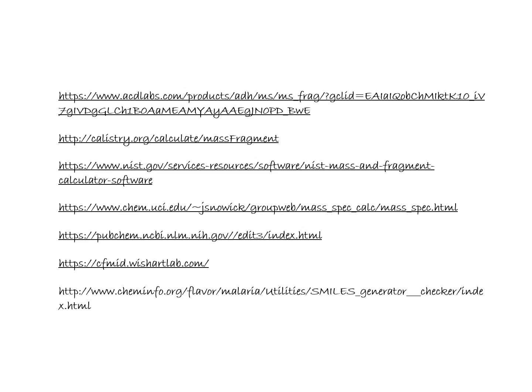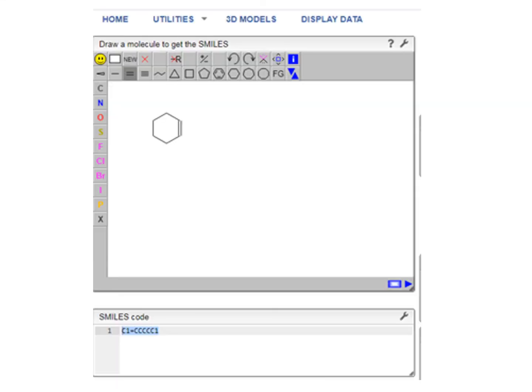This site contains several software programs. It's free on the net. You may try. We will try together and see. Here is software where I can just draw the chemical structure and it will convert the chemical structure to what they call SMILES code, which I need in the next program.